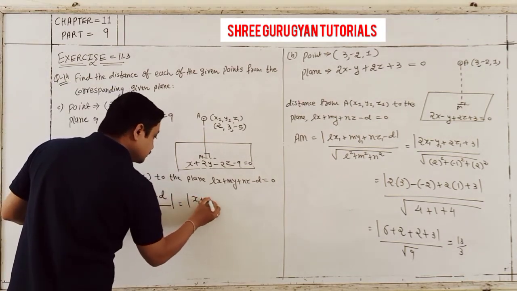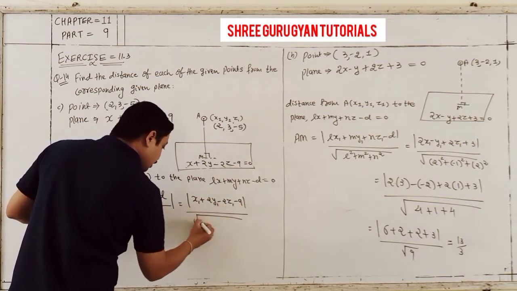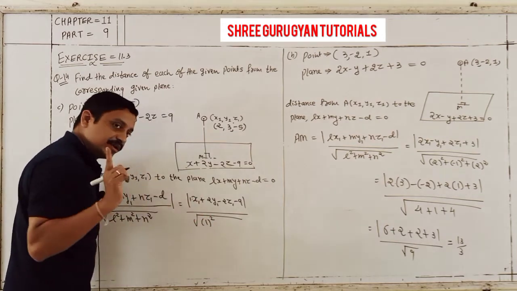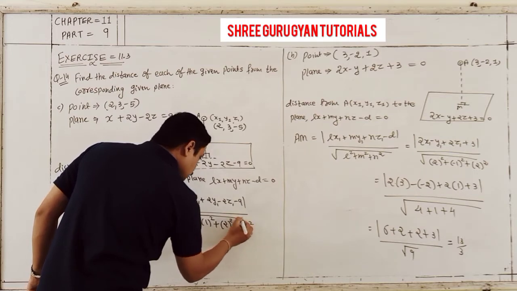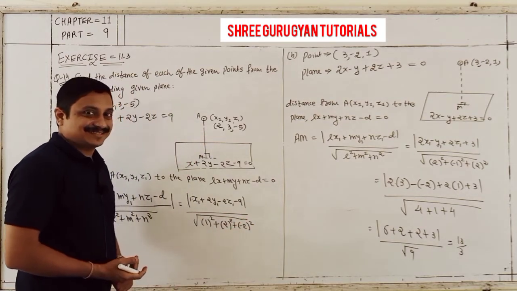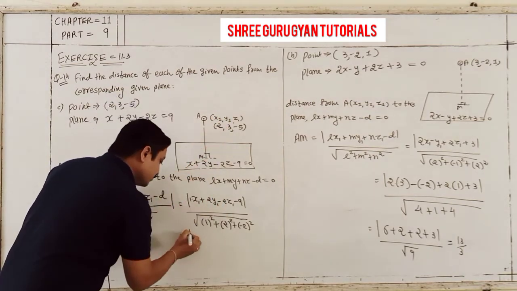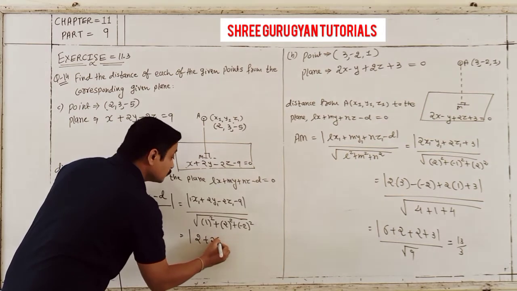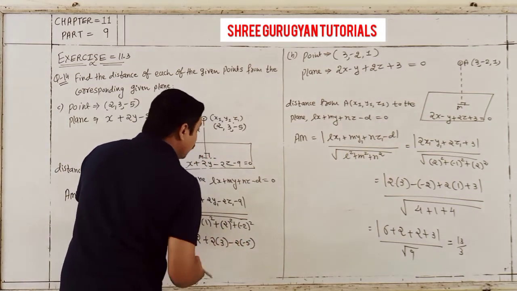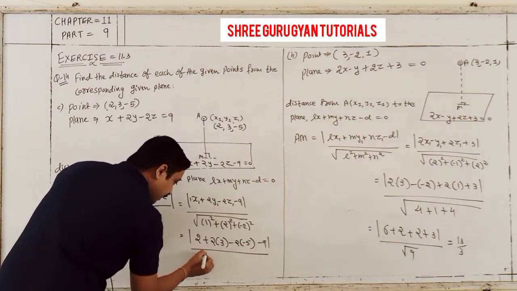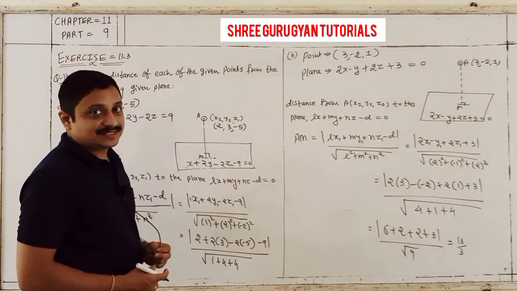So x1 plus 2y1 minus 2z1 minus 9 upon the square root of 1 plus 4 plus 4, where the coefficients are 1, 2 and minus 2. Here x1 is 2, y1 is 3, z1 is minus 5.